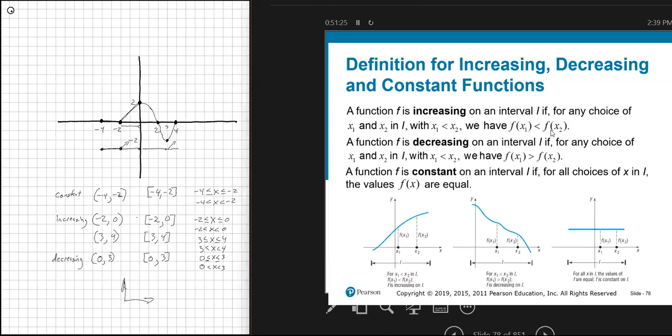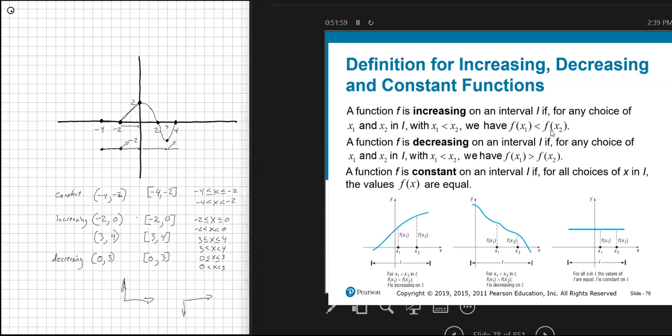A function is decreasing on an interval I if for any choice of x1 and x2 in the interval, with x1 being the smaller value, you have f of x1 is greater than f of x2. So what that one is saying is, as x increases, the y values decrease. So the value of the function is always going down.